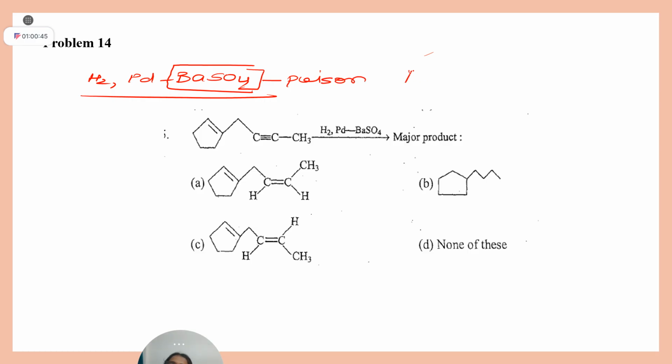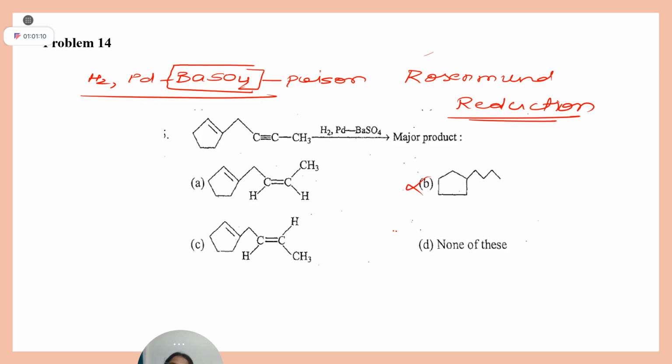This was your famous Rosenmund reduction. Okay. So, after you treat this alkyne with your Rosenmund reagent, you will be getting cis or trans.